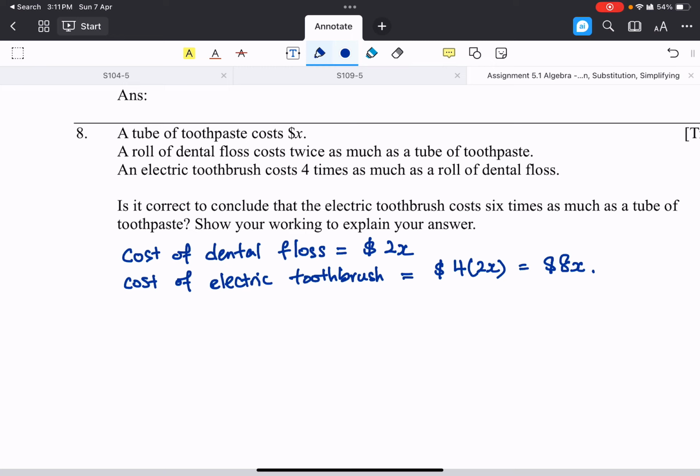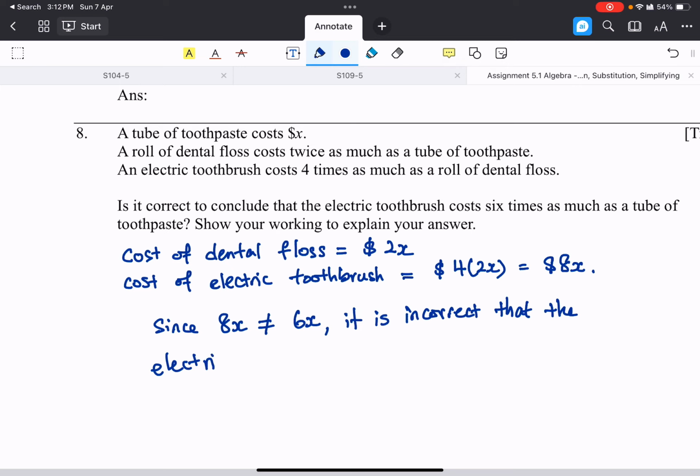So what does this mean? Is it 6 times more? No, it is not. Therefore, we can say that since 8X is not the same as 6X, it is incorrect that the electric toothbrush is 6 times the cost of the toothpaste.